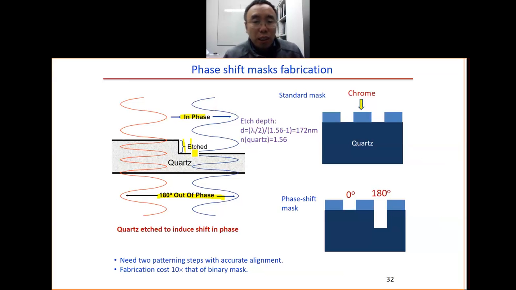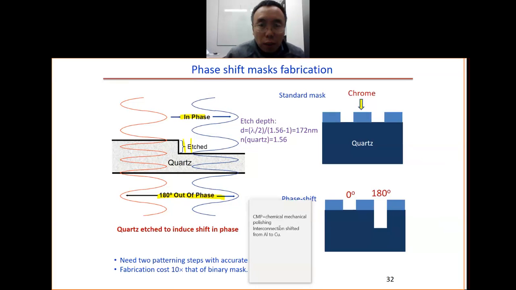So how deep should we etch? This is related to the optical path. Optical path equals N times the length. For this side, the optical path equals N times the etch depth.